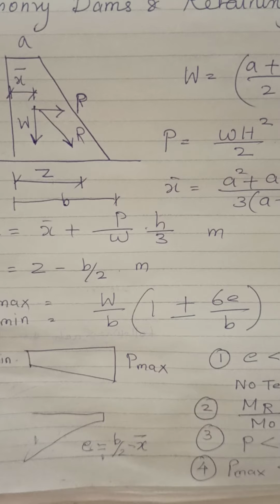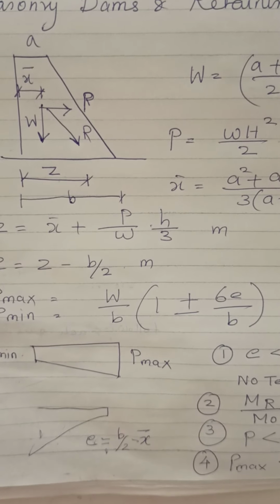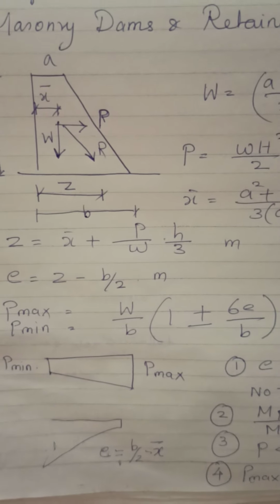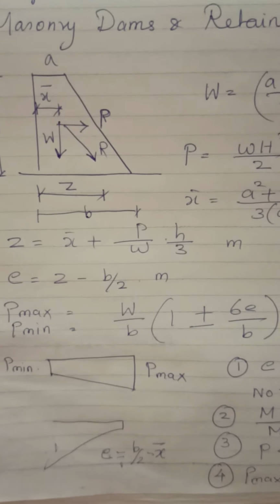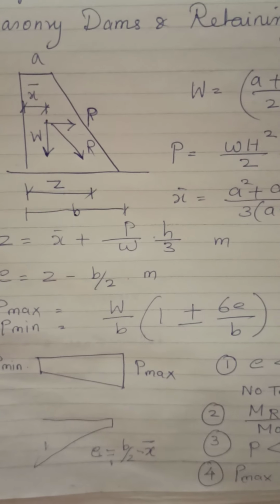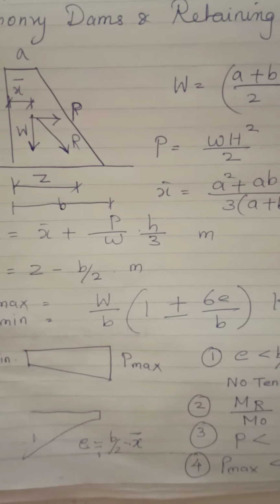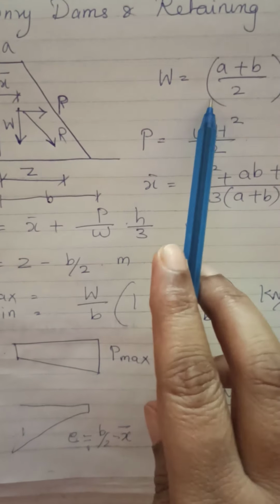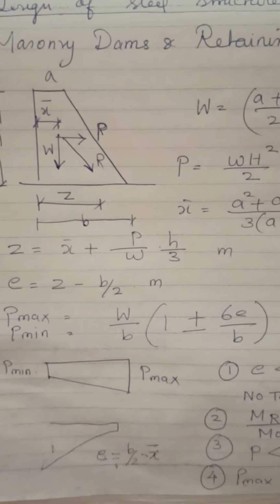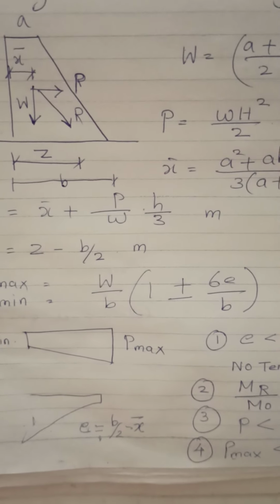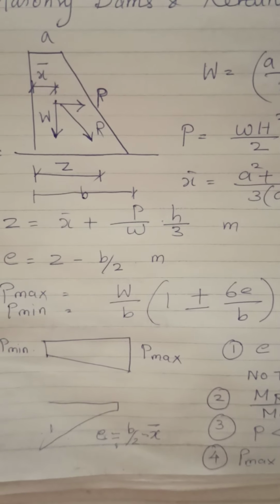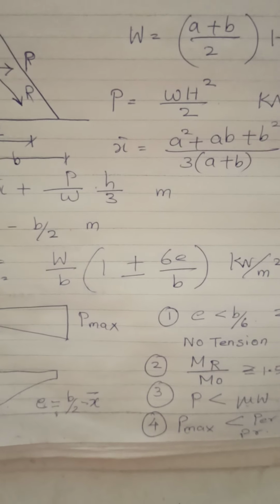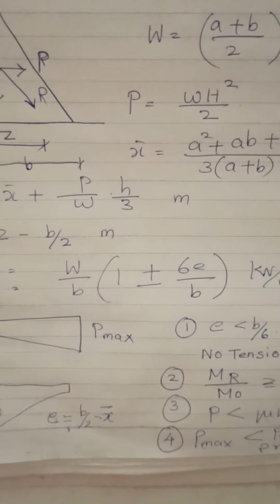So try one problem of this type, and I am giving an assignment for you people with the top width 1 meter and bottom width 4 meter and height of the dam as 5 meter, and the unit weight of masonry is 23 kilonewton per meter cube, and the water unit weight is 10 kilonewton per meter cube, and solve the problem for P max and P minimum when the reservoir is full and the reservoir is empty, and also check the stability of the dam section. So please come up with the answers.